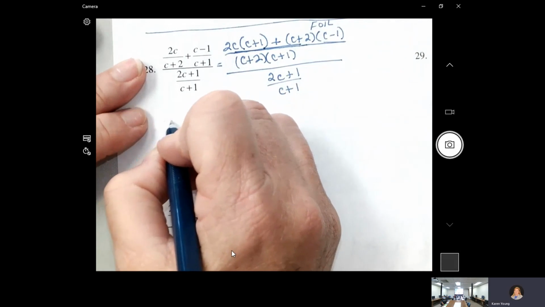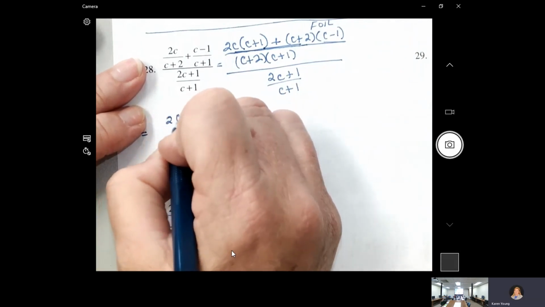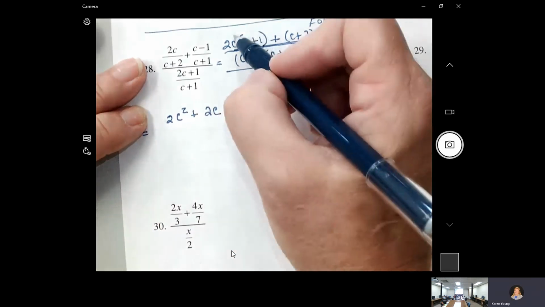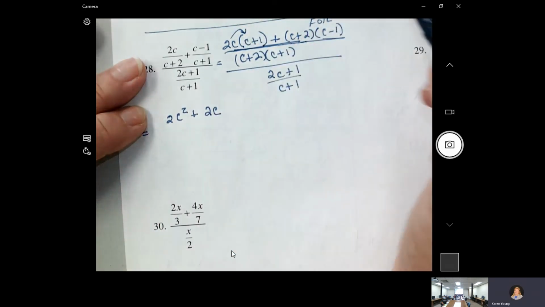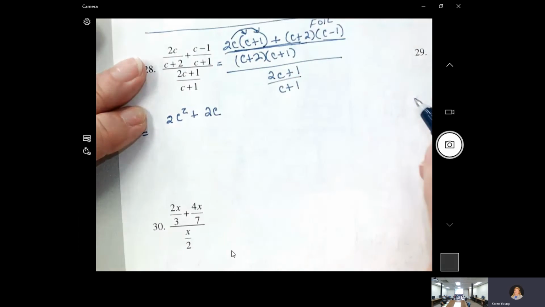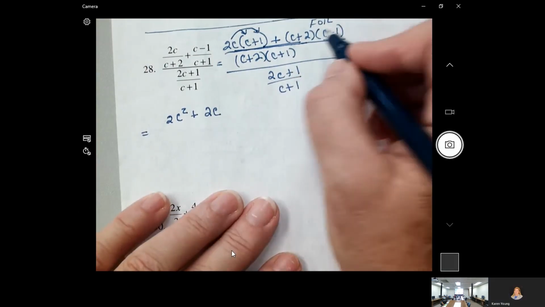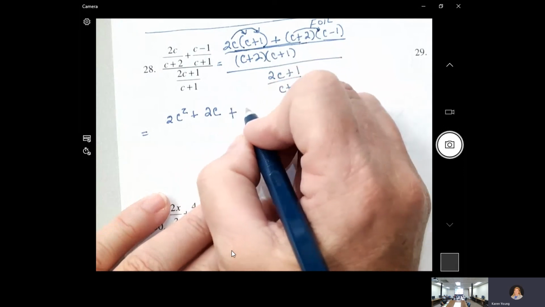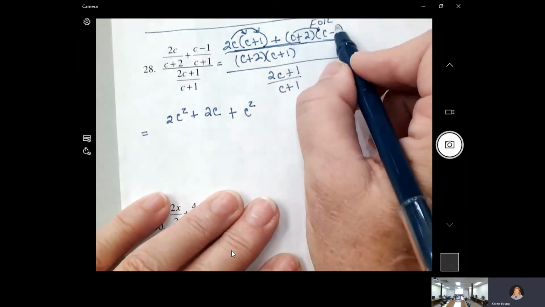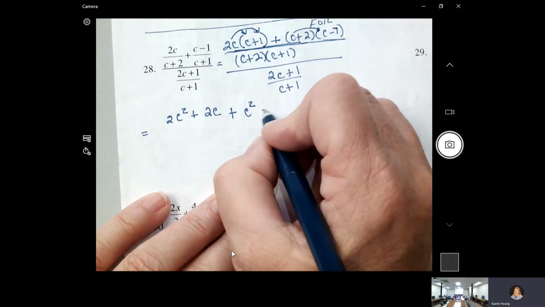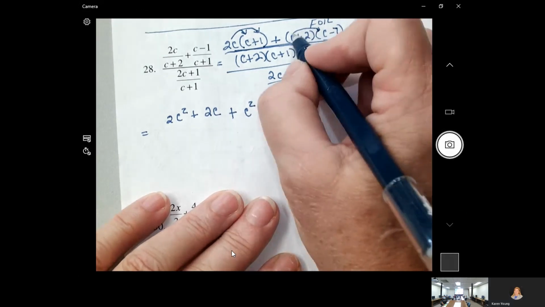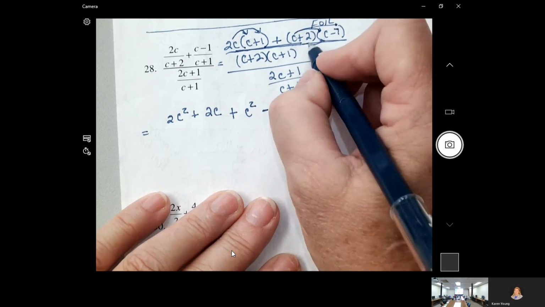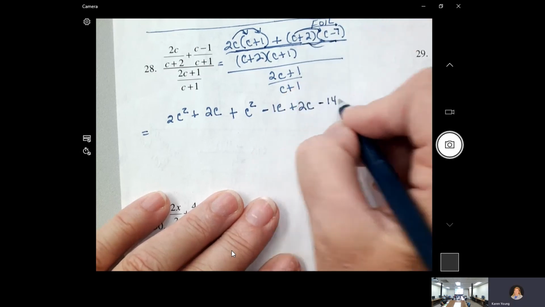So I have 2c squared plus 2c, because I'm just doing 2c times c, and then 2c times 1. And then to FOIL, I'm going to do c times c, and it's plus. So c times c is c squared. C times the -1 gives me -1c. 2 times c. And 2 times -7 is -14.